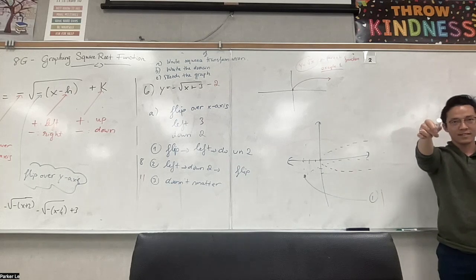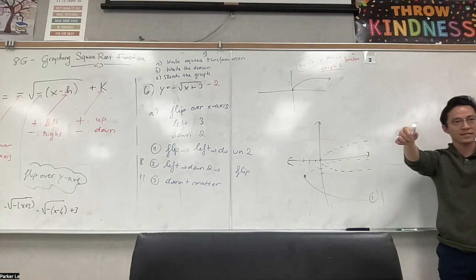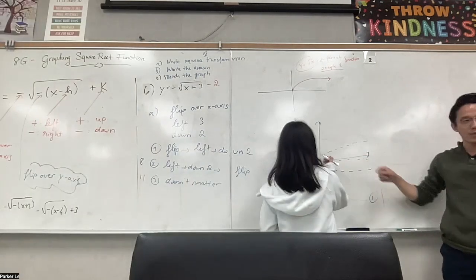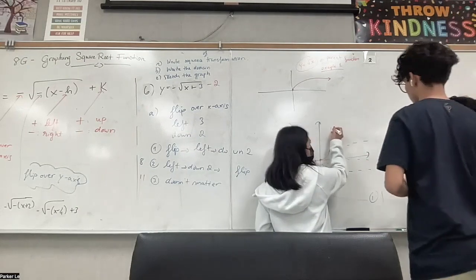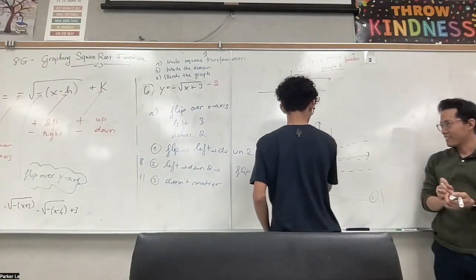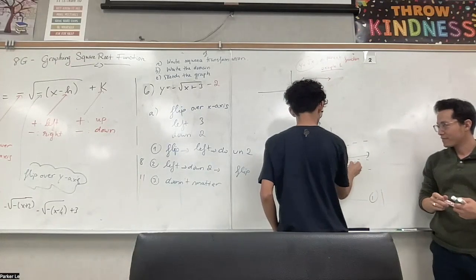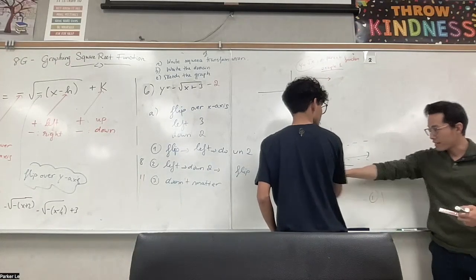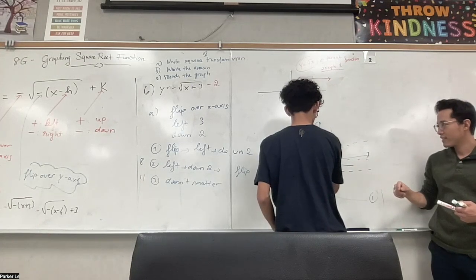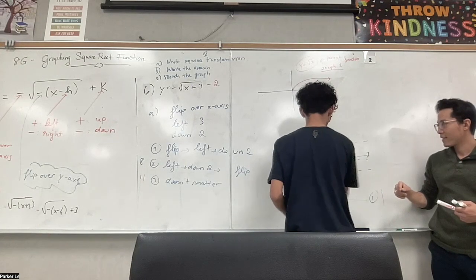How can you flip the red one over the axis? Just try it. I flip the red one. Oh, the red one? Then never mind, that way wasn't working.